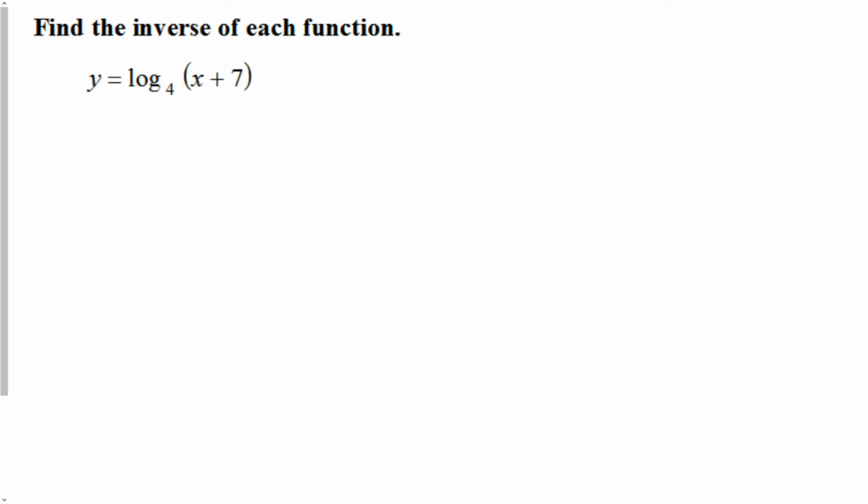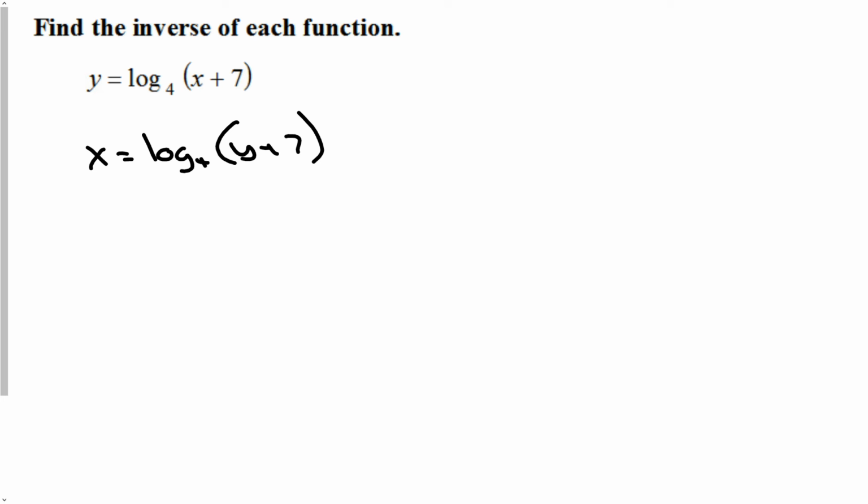Okay? So let's play around with finding the inverse. Okay, remember our method for finding the inverse. It was called the switch and solve strategy. So my first step was to switch x and y. Now I have to get y by itself. And because y is inside of the logarithm, the first thing I have to do is change this back to an exponential function.